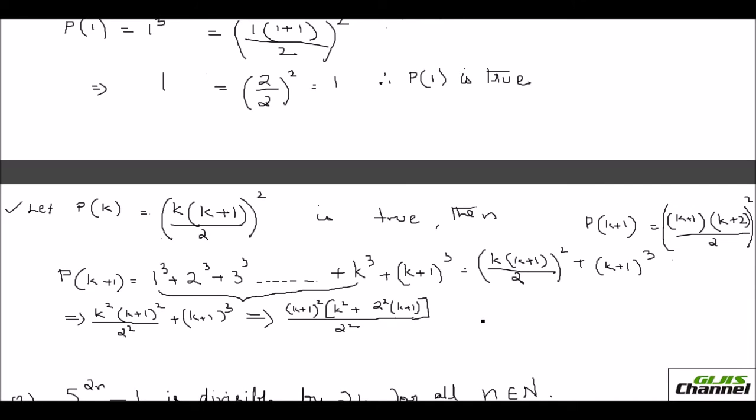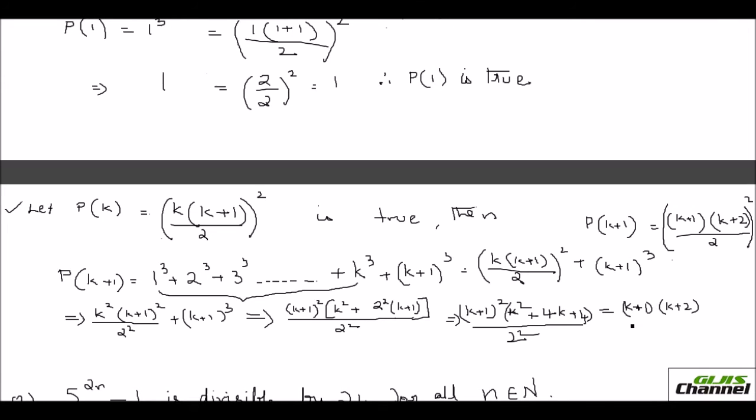Okay, now this I'm going to solve. So this would be (k+1) the whole square times k squared. When you multiply the 2 squared inside, it is plus 4(k+1), the whole divided by 2 squared, which implies (k+1) squared, and this part is k plus, oh this is 4, sorry, this is (k+2).